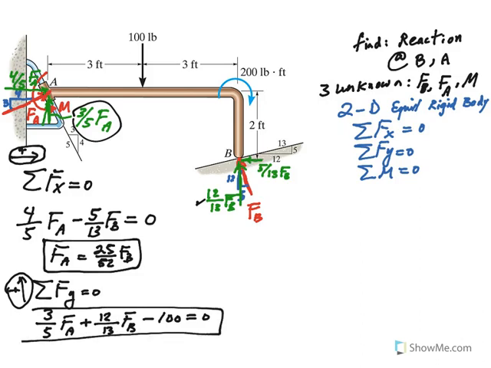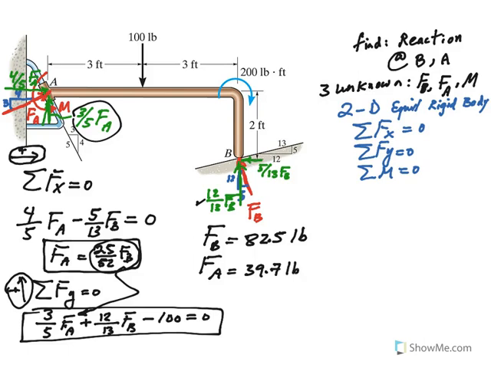Doing a quick substitution, if instead of F sub A you put this expression, you can solve for F sub A and F sub B. F sub B comes out to be about 82.5, just rounded off. And F sub A, you can see, is 25/52 of F sub B, and that's going to come out to be about 39.7 pounds. That leaves us with only one reaction left, the moment reaction.